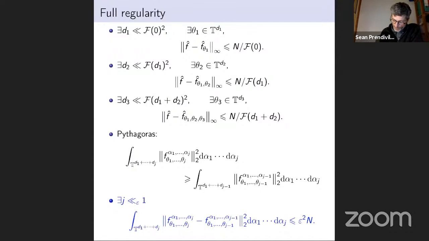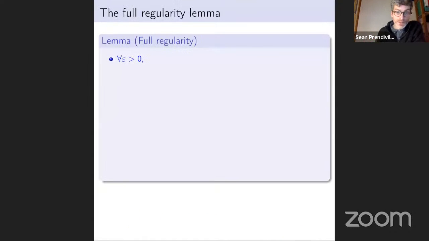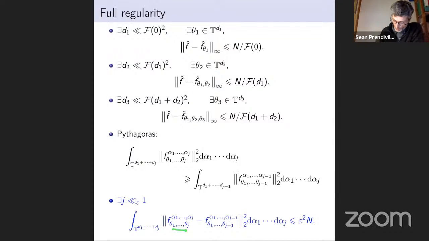And by Pythagoras' theorem, the energy of the difference of two projections is equal to the difference of their energies. Okay. So this has given us the regularity lemma, because this is going to be our small part now. Because you can take this integral into the inside of this L2 norm, and you've got the difference of two random Bohr projections.